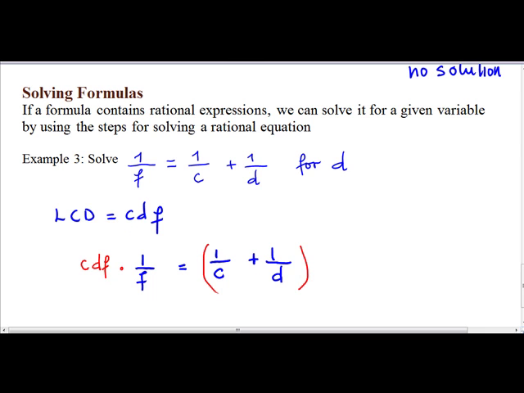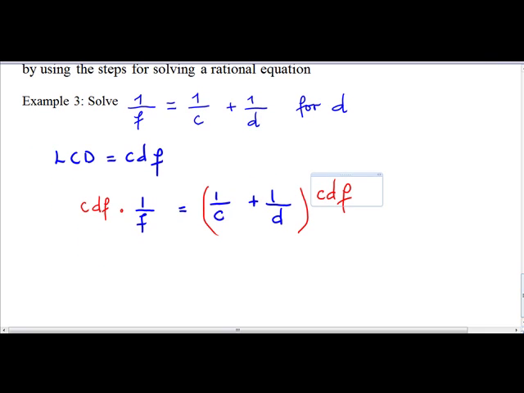And over here, like that. So now I'm going to distribute this in here and there. So I have 1 over c times cdf plus 1 over d times cdf.